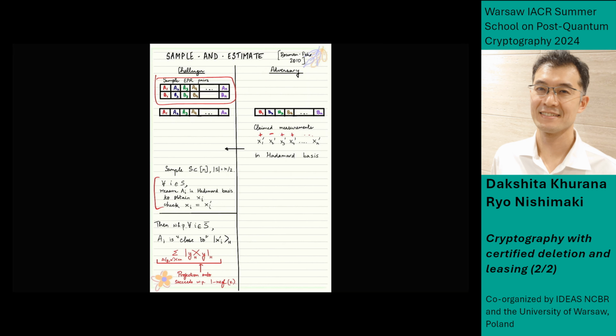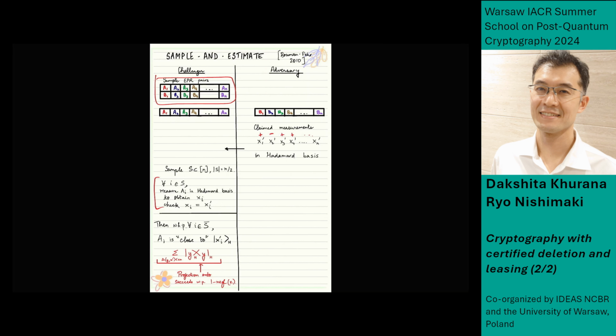Here is the Hamming weight of x over y and x prime, and this is less than c, where c is just a constant, like half. The Bowman-Ferrell claim says that in this setting, with probability 1 minus negligible, this state is projected onto this state.